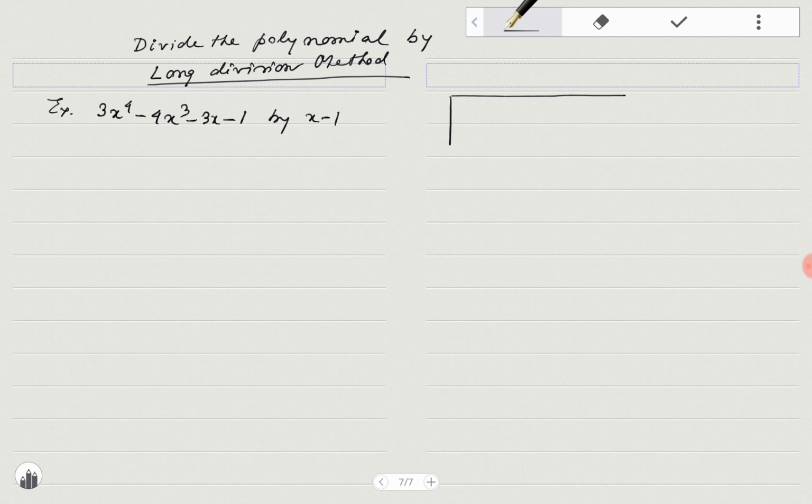So the dividend is 3x to the power 4 minus 4x cubed minus thrice x minus 1, and the divisor is x minus 1. To match the first term of the dividend, we require to multiply this x by how much? 3x to the power 4 means 3 into x into x into x into x.